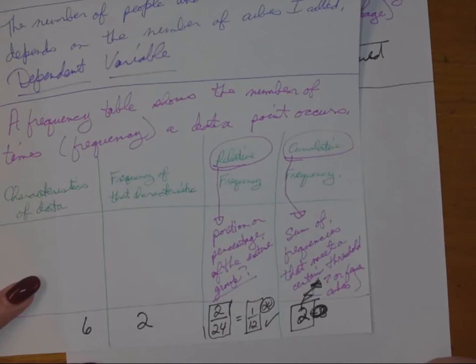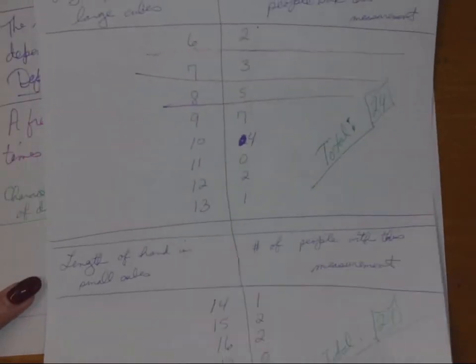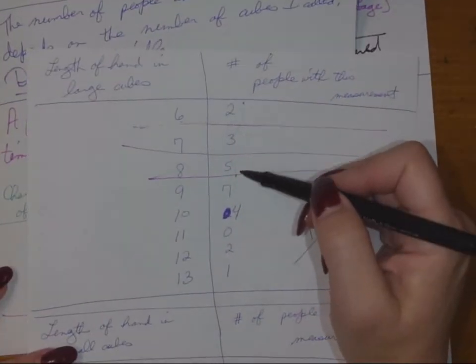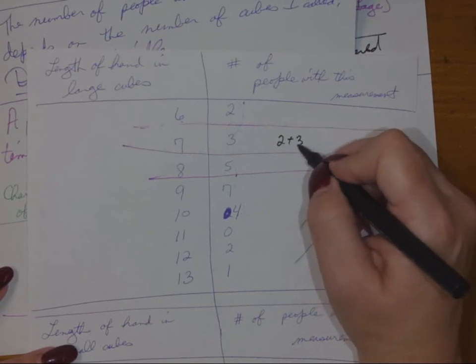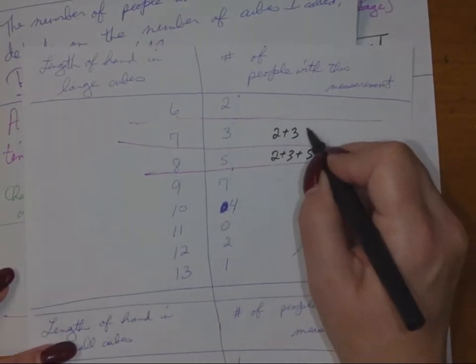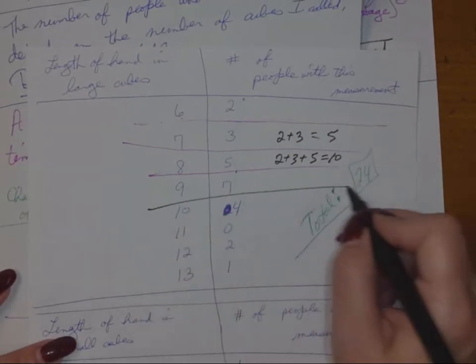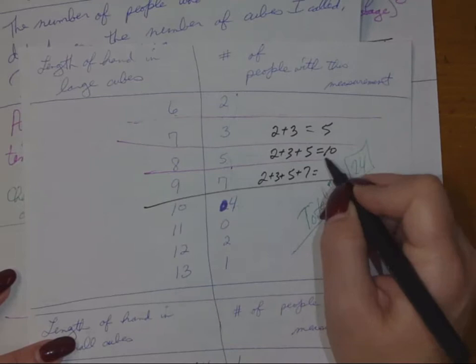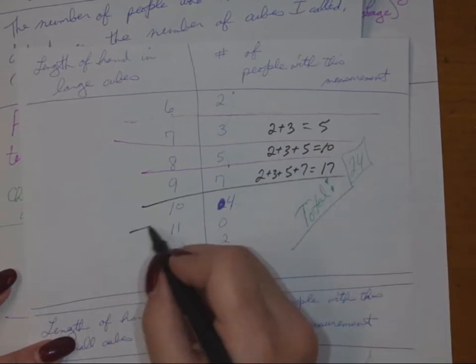Okay. Now, what should happen as I go along? For the 7, there were 3. For the 8, it was 2 plus 3 plus 5. That's 10. I haven't done this math yet, so this would be 2 plus 3 plus 5 plus 7, which is 10 plus 7 is 17.